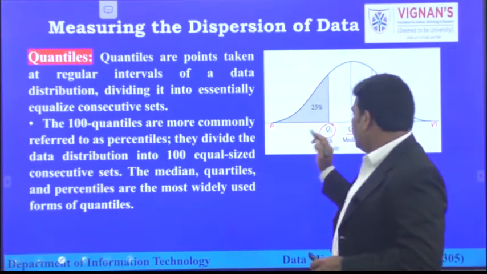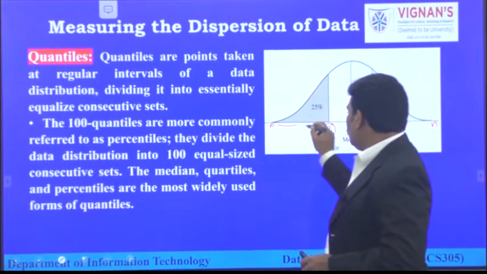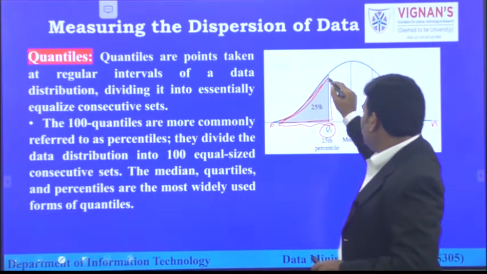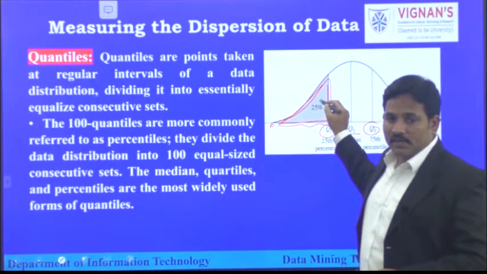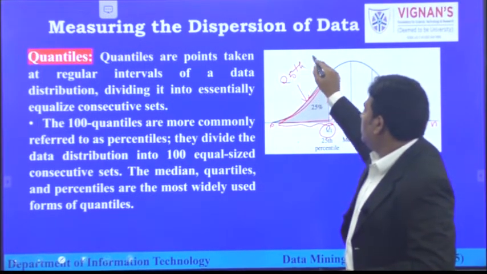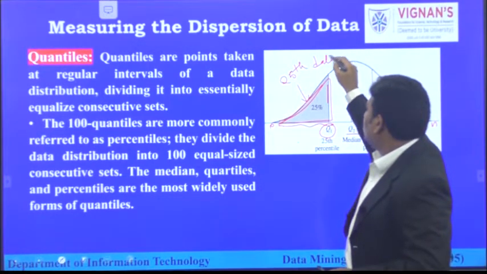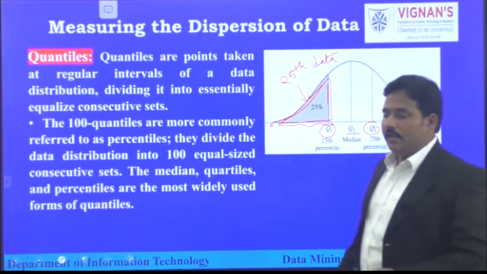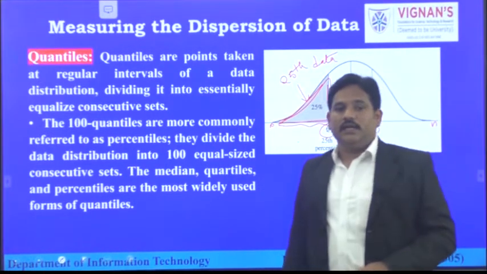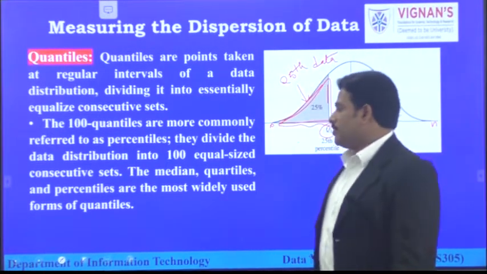For a particular portion of the data, what is the distribution? So this gray shaded portion indicates the 25th percentile of the data distribution on the scale of 0 to 99. Now these quantiles are used as a data dispersion measurement.